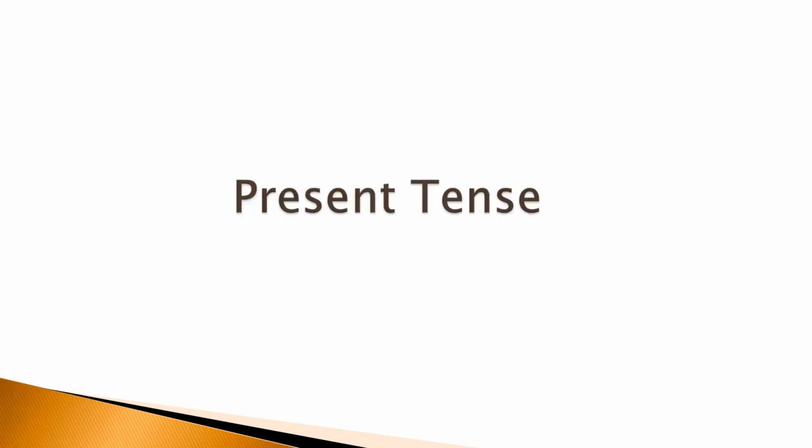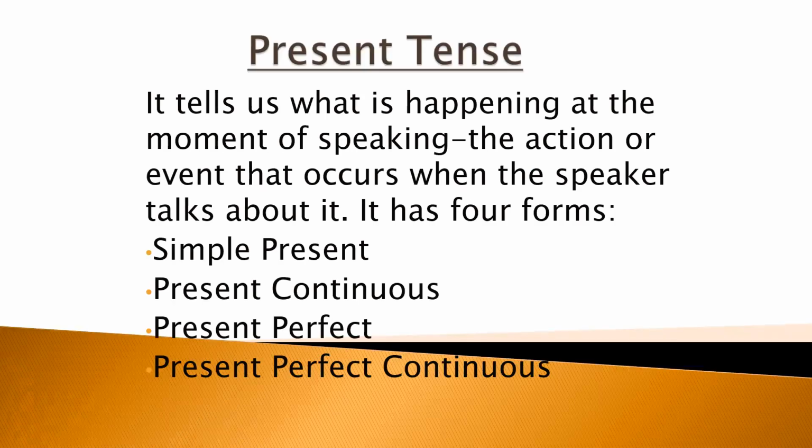Today we will understand present tense. Present tense tells us what is happening at the moment of speaking, the action or the event that occurs when the speaker talks about it. When the person is speaking, the action that takes place at that time is called the present, to be in present tense.